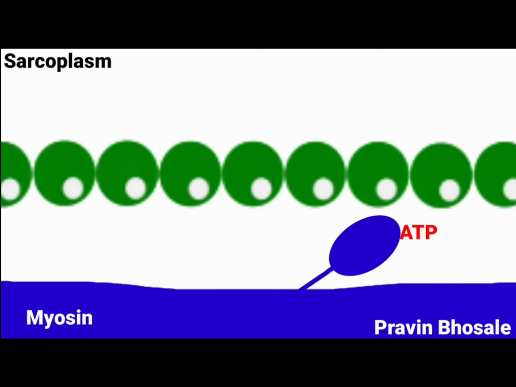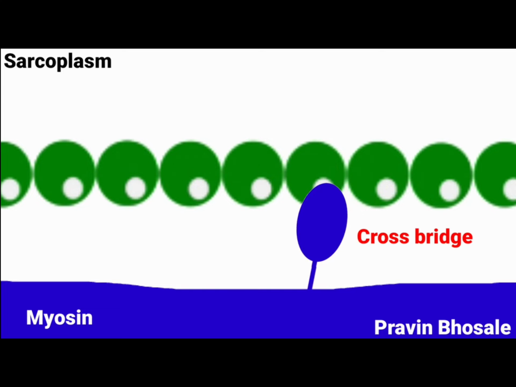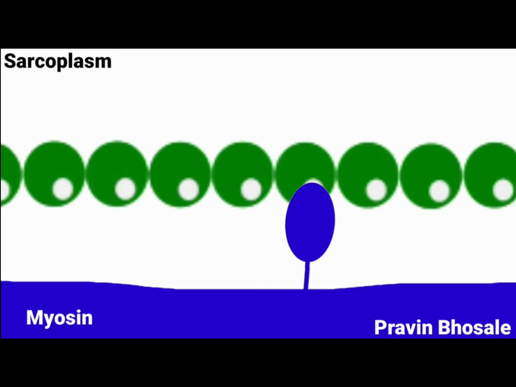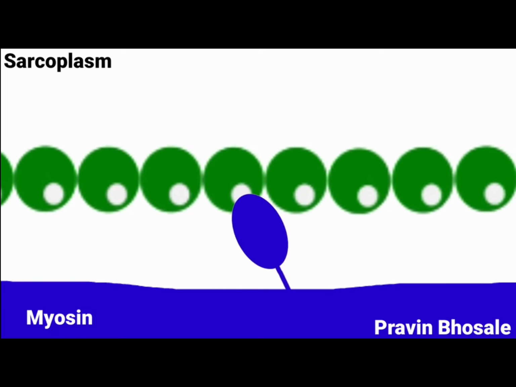Utilizing the energy from ATP hydrolysis, the myosin head now binds to the exposed site on actin to form a cross bridge. This pulls the attached actin filament toward the center of the A band.